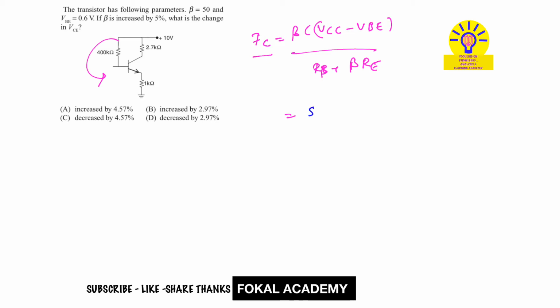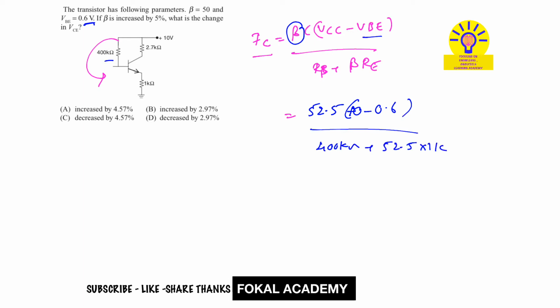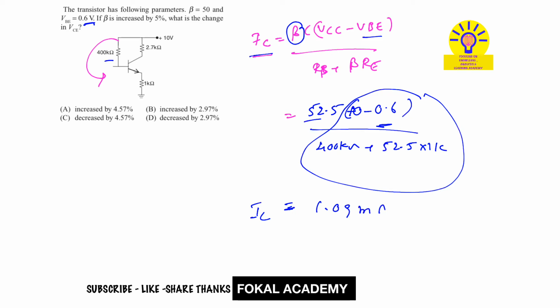The new beta is 52.5 into 10 minus 0.6, that is VBE, divided by RB of 400 kilo ohms plus 52.5 into 1 kilo ohm. So this is the total IB value, and beta into IB equals IC. Using the calculator we get 1.09 milliamperes.